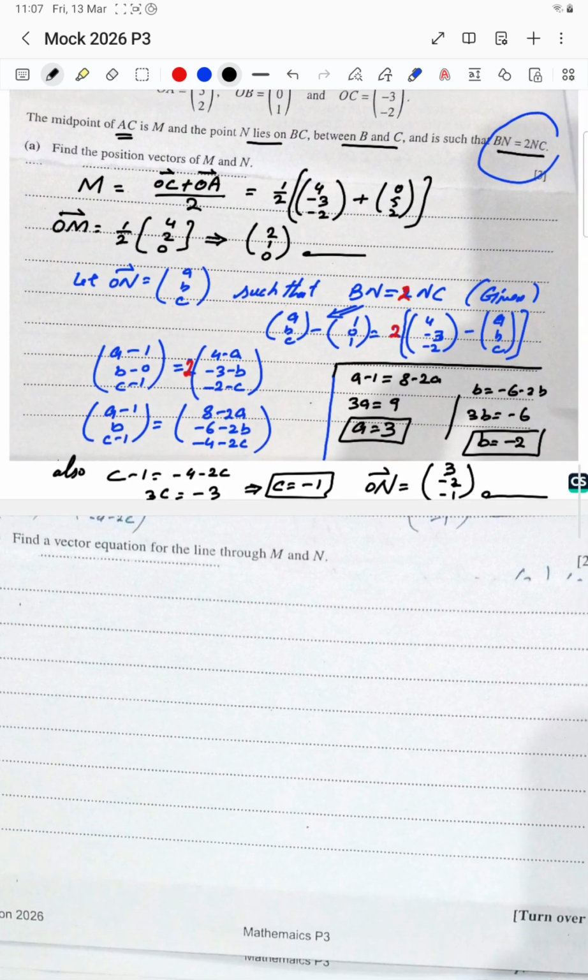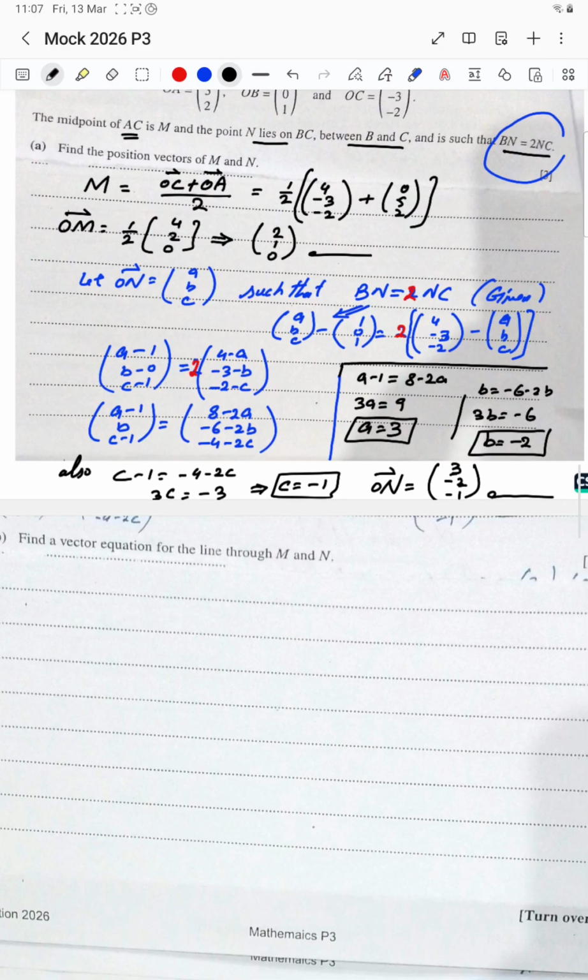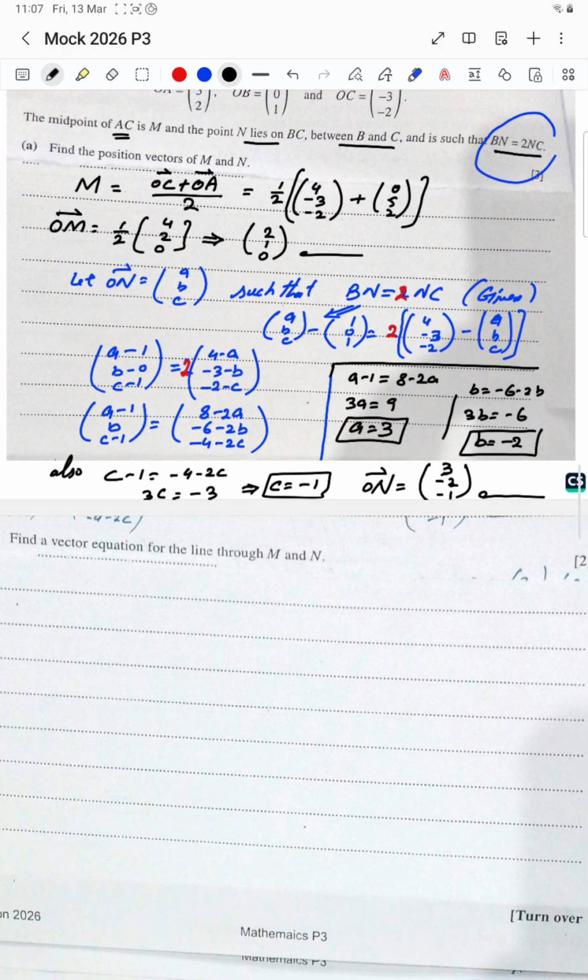Okay, the second part is of 2 marks: find a vector equation for the line MN. For the line through M and N, OM we have calculated in the first part, that is (2, 1, 0), and ON we have calculated there, is (3, minus 2, minus 1), right? So we have to find an equation.